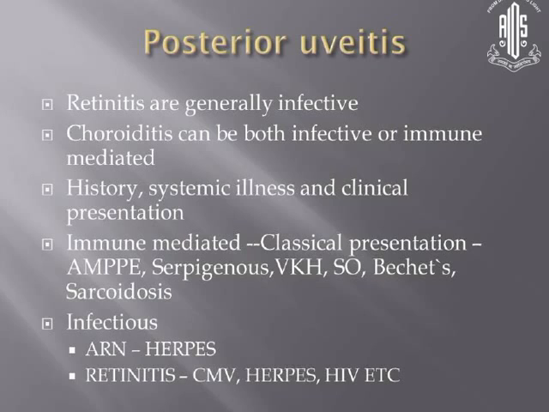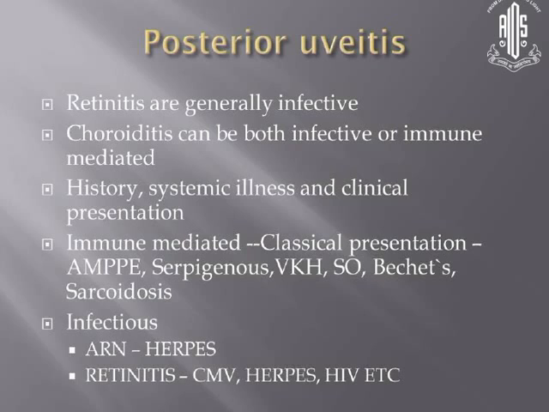There are certain immune mediated syndromes seen in the eye which are very classical, like AMPPE, serpiginous, VKH, sympathetic ophthalmia, where there is a history of trauma to one eye, Behçet's disease or sarcoidosis. And certain infectious causes like acute retinal necrosis, which has a very typical presentation and can be diagnosed just by clinical examination, and also retinitis like cytomegalovirus, which has a painted retina like picture, or herpes.